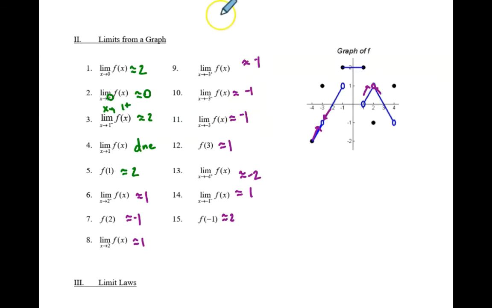What I just said was that if the left-hand limit, meaning as we approach from the left, is equal to the right-hand limit, meaning coming in from the right or above, if those two limits are equal to each other, that means that the overall limit exists and is exactly equal to the left and the right-hand limit. In this case, f of 3 is up here, it's approximately 1.